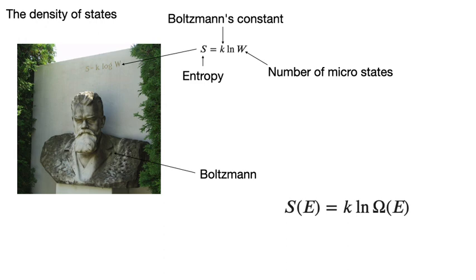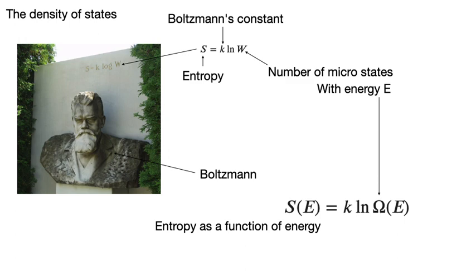Using Boltzmann's equation, it is easy to determine what the entropy as a function of energy is. We just need to count the number of microstates with each energy value. The symbol omega E that we have introduced here thus simply counts the number of states with energy E. And from this, we can get the entropy as a function of the energy.